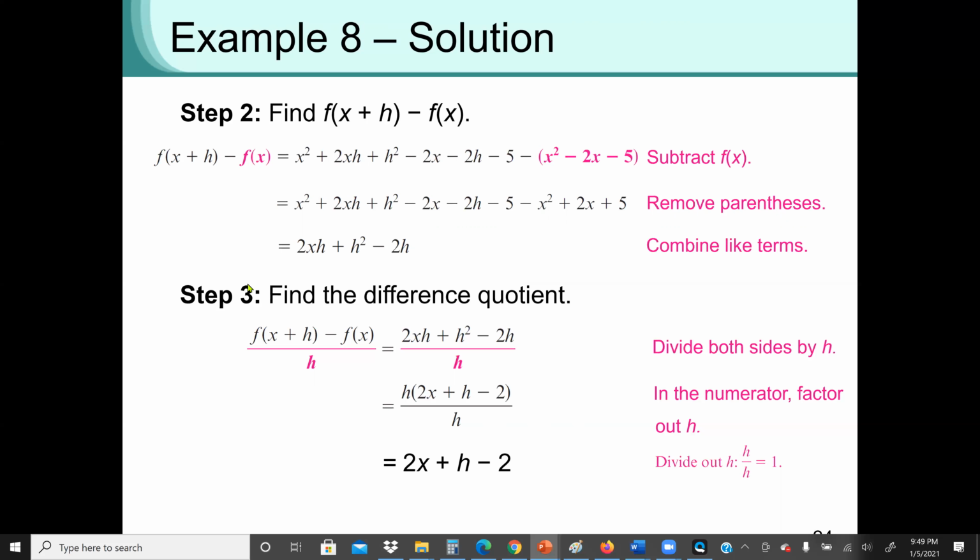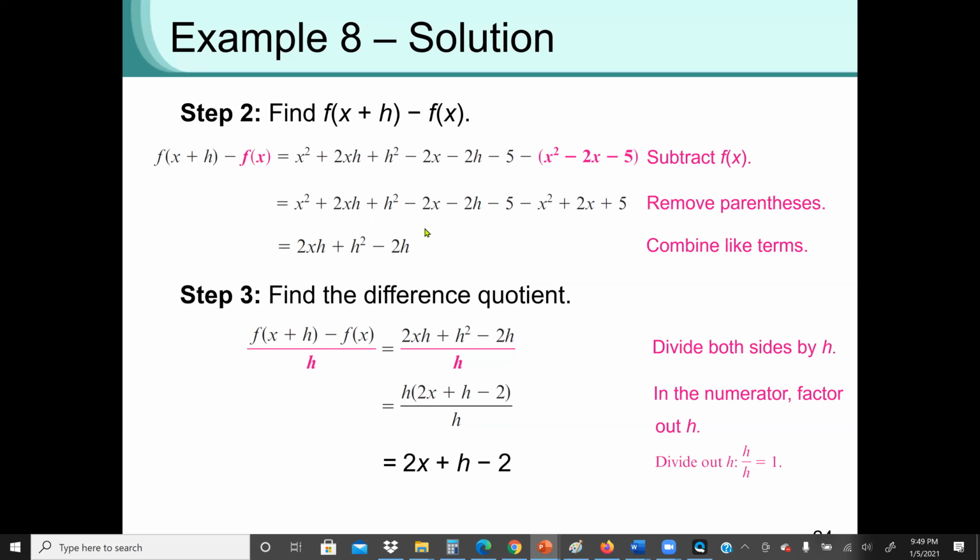So we combine the like terms. We see minus x squared here and we have x squared here, so they cancel. We see 2xh is only one, h squared is only one, but minus 2x, we also have plus 2x, so they cancel.